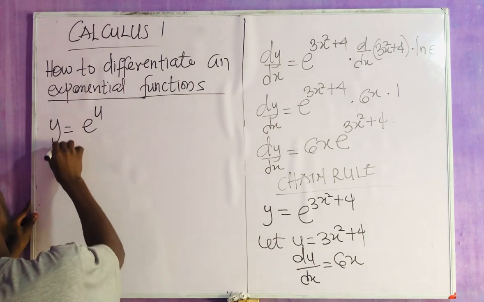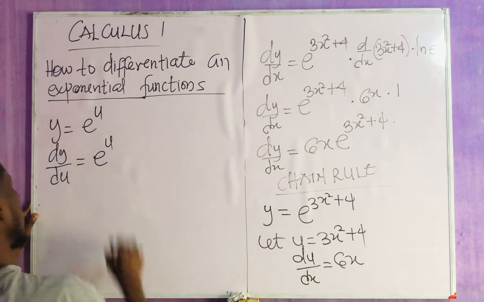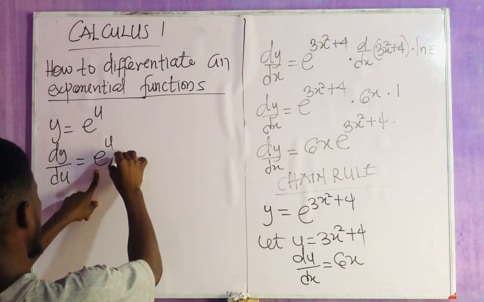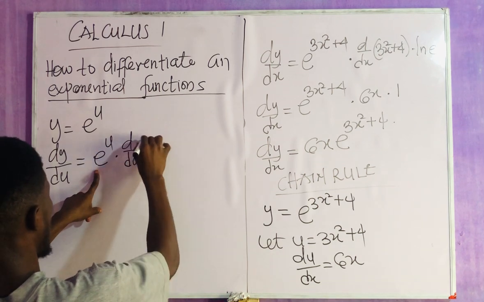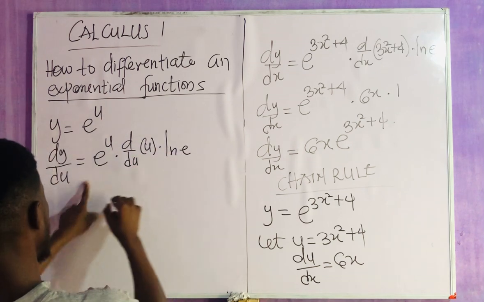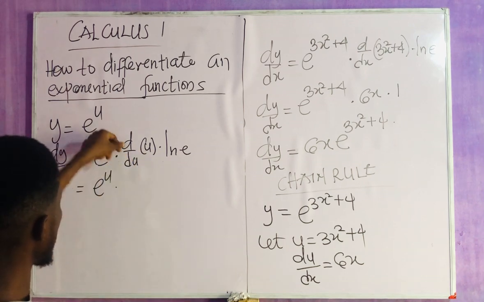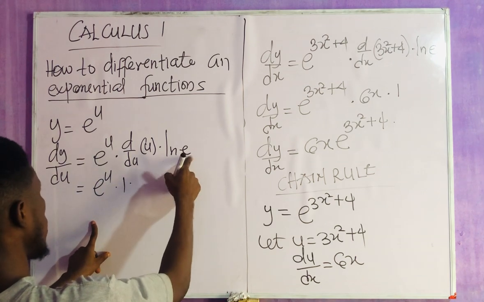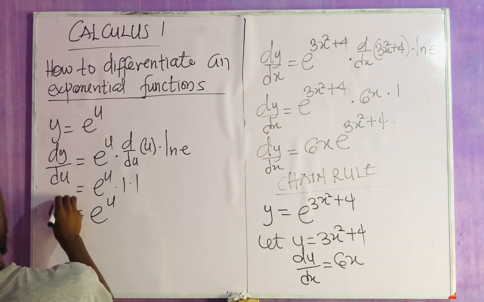So this side will give you dy du, which will give you the same thing, because we are saying that you maintain the function times the differential of the power multiplied by ln of the base. So e to the power u times, you are differentiating with respect to u, so that will give you 1 times ln of e. I've already said that it is 1, so this will give you e to the power u.